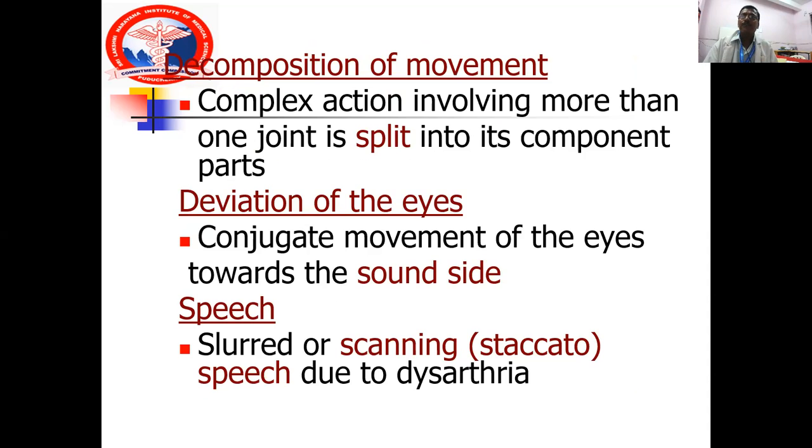Decomposition of movements: a complex action involving more than one joint is split into its component parts. Deviation of the eyes: conjugate movements of the eyes towards the sound side. Speech: slurred, scanning or staccato speech; scanning speech is due to dysarthria.